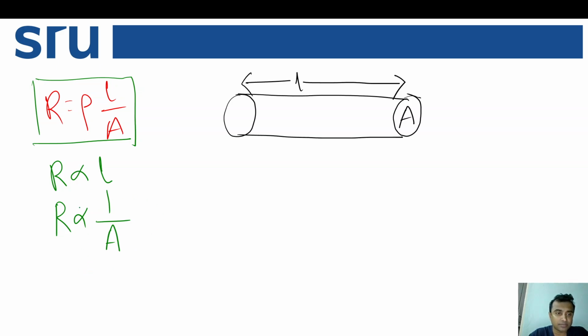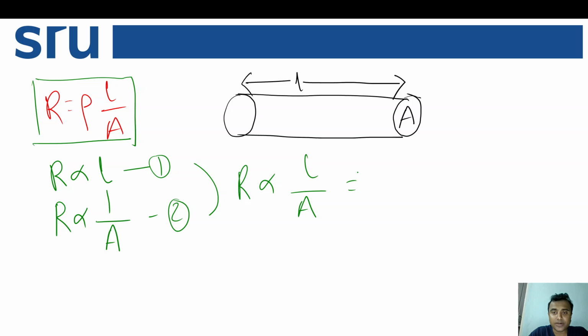Now this is a simple variation, let's say this is equation 1 and this is equation 2. If we combine these, we get a compound variation, and this gives us R varies as L over A. Now to get rid of the variational sign, we have to incorporate a constant. Then we get R equal to rho L by A. This is actually a constant, and now we can show that whether the cross-sectional area is circular or rectangular, this rho doesn't depend upon that.